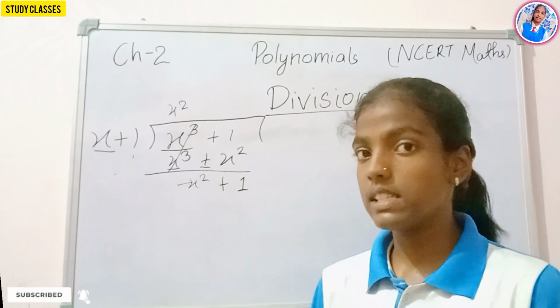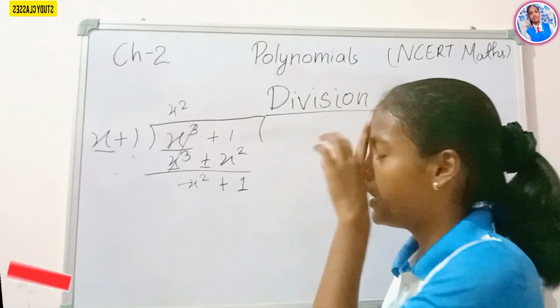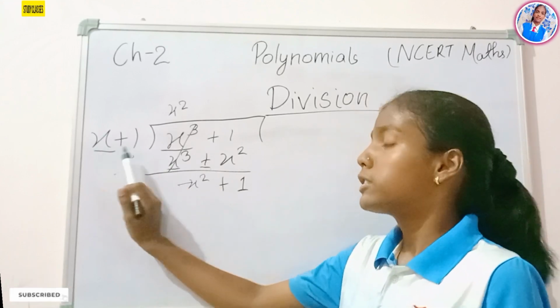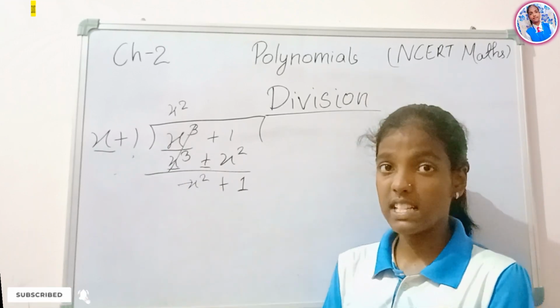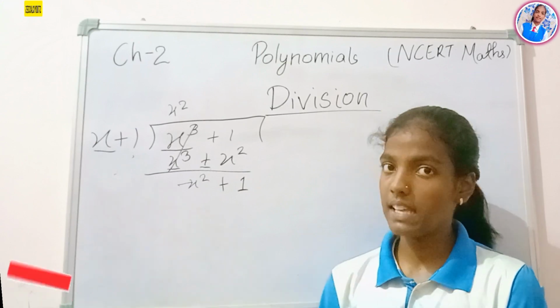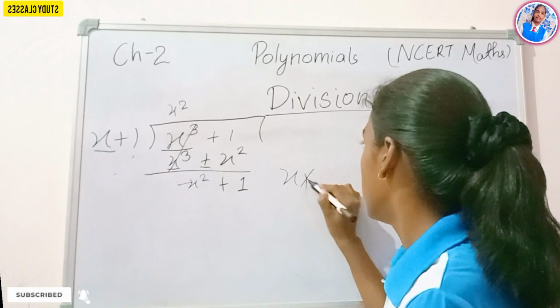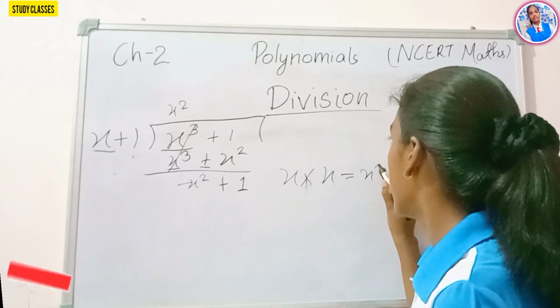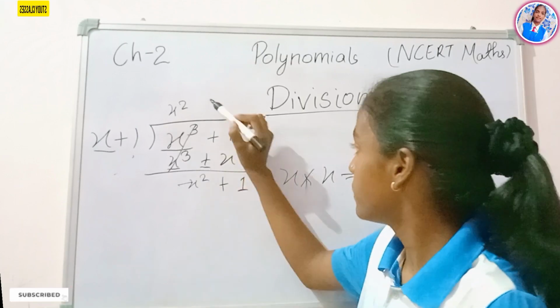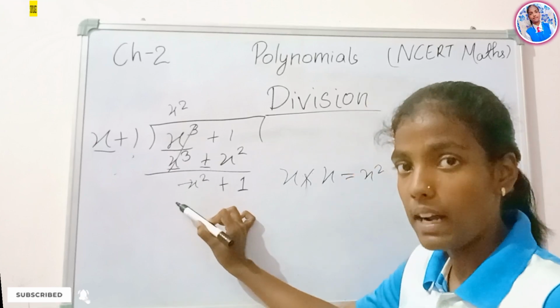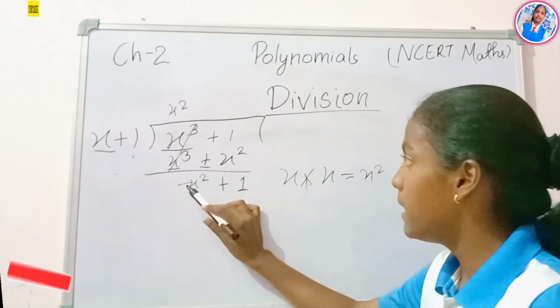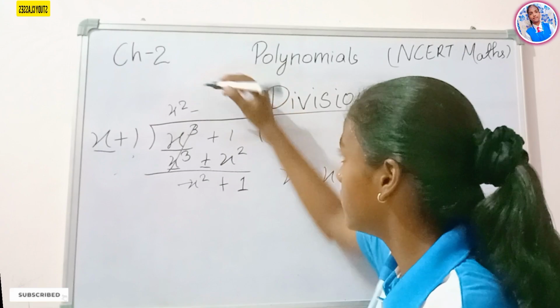So now this is the remainder. We have to solve it further. So here is x plus 1 and here is minus x square plus 1. If we multiply x into x, we will get x square, but we have to multiply it by minus x because here is the sign of minus.